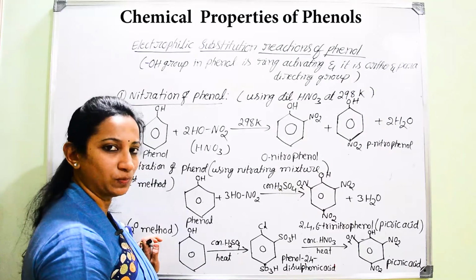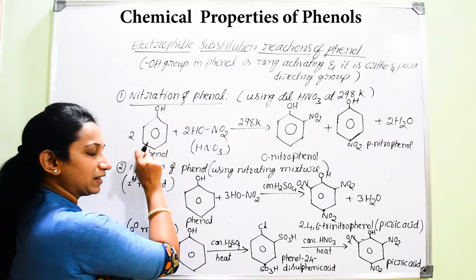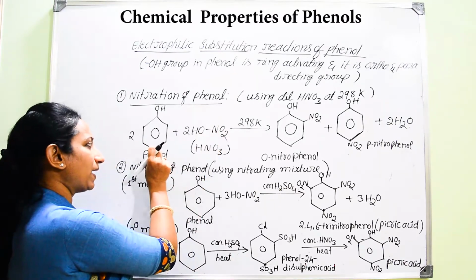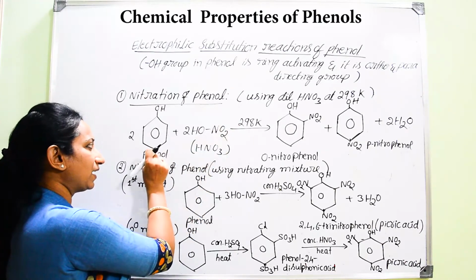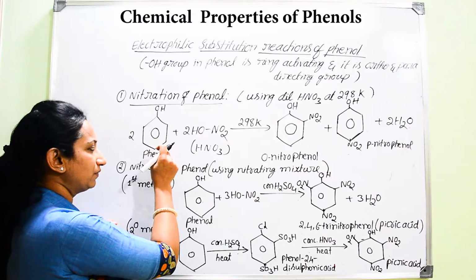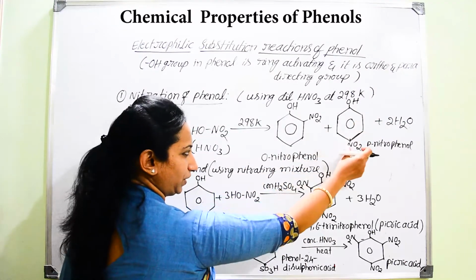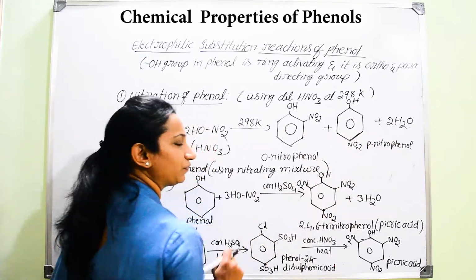And there is one more possibility: since the negative charge is rich even at the para position, there will be an attack of this nitro group at the para position. Hence the electrophile, that is NO2 plus, will attack this para position with the removal of hydrogen in the form of water. So we get another product, that is para-nitrophenol.